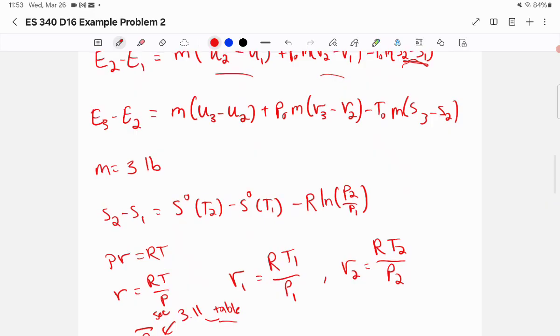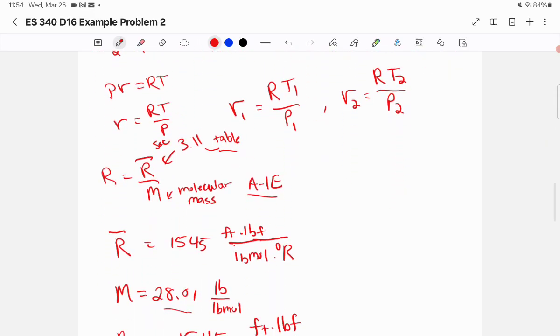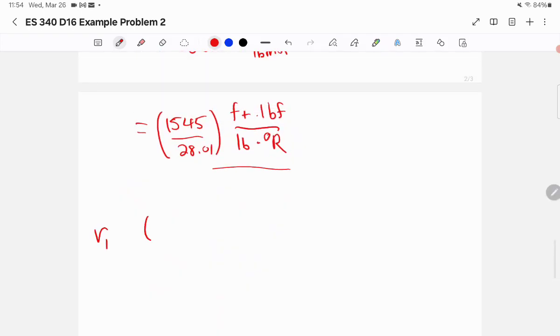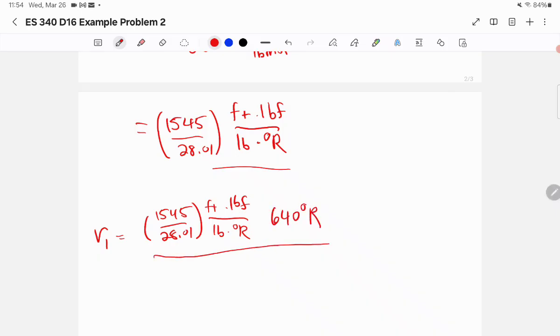And what I'm going to do then is obviously substitute that in with the values. So it's going to be V1 is equal to 1545 over 28.01 foot times pound force per pound times degree R. And then the temperature that we had was 640 degrees Rankine. And now notice that the units of this are in feet.